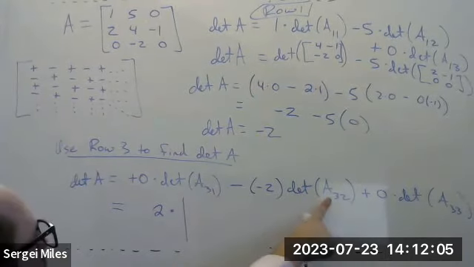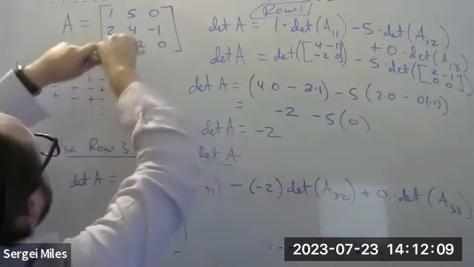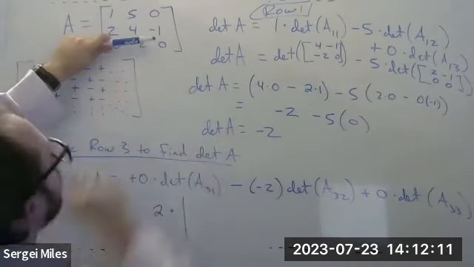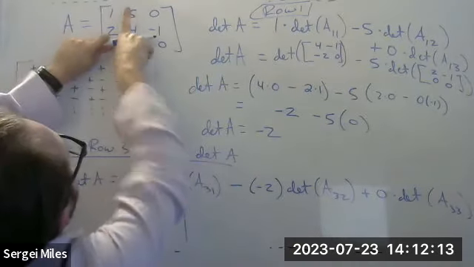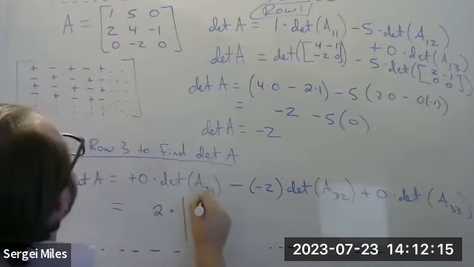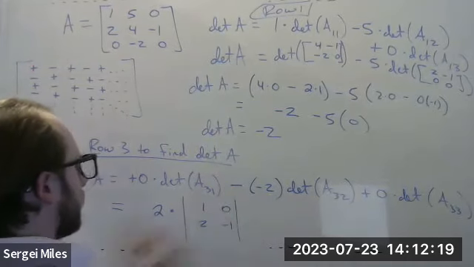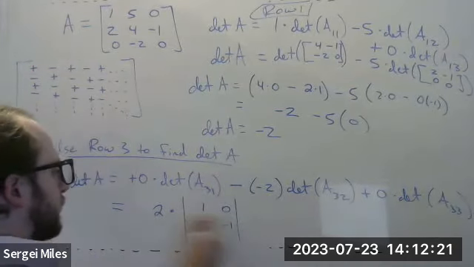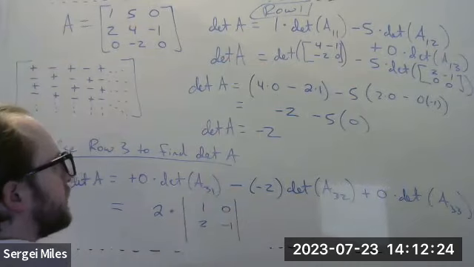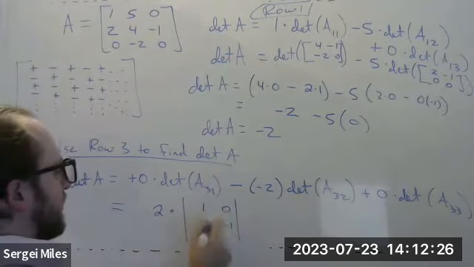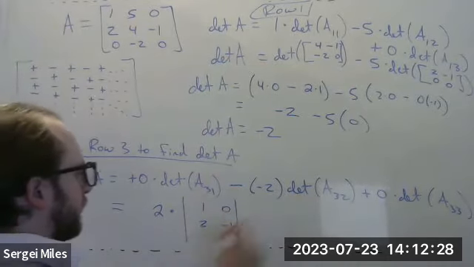So I'm looking at the submatrix A32. So I'm covering up row 3, column 2. What am I left with? I have the submatrix 1, 0, 2, -1. Right, so I have these absolute value bars instead of bracket bars. And this just means I'm taking the determinant of this 2 by 2.